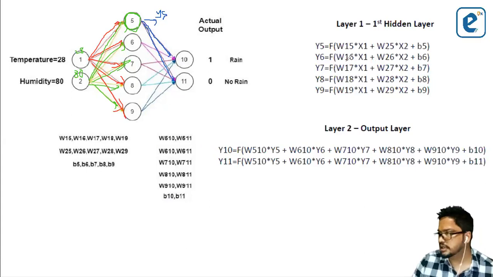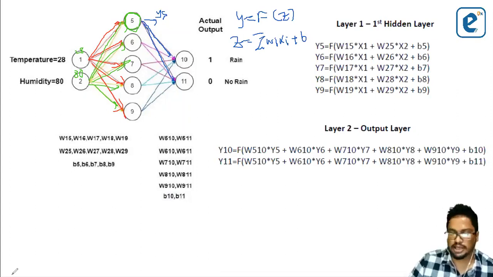The equation that we are going to apply here is y equals f of z, and you can remember that z is sigma w i x i plus b, sigma w i x i plus b.